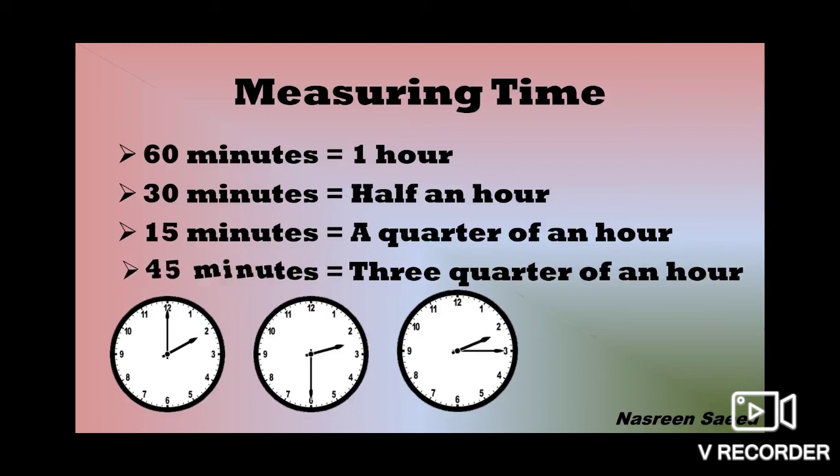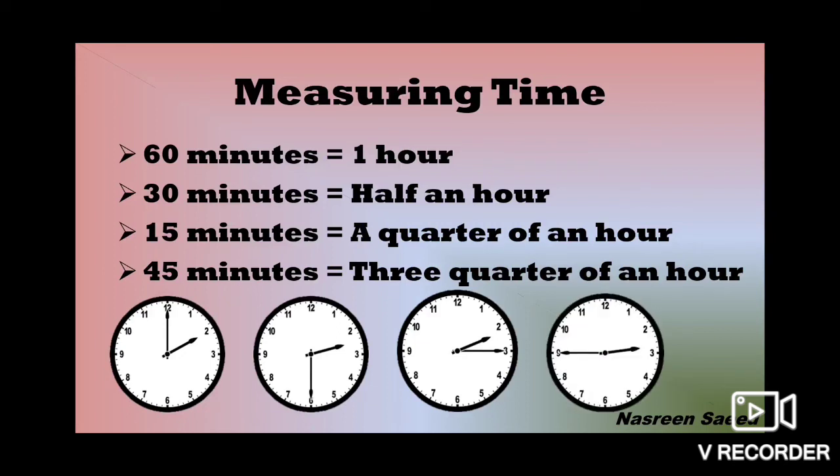The next, 45 minutes equal to 3/4 of an hour. What does 45 minutes show? It shows 3/4 of an hour. So now if you see in this picture, my hour hand is between 2 and 3, it has still not reached number 3, and my minute hand is on number 9. Before this we were saying 45 minutes past 2.